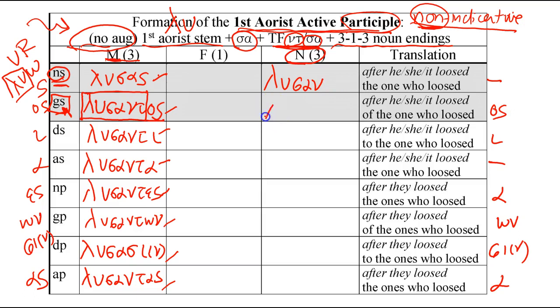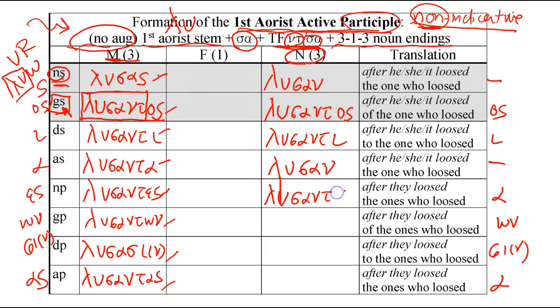And then for the genitive singular neuter form, you have no augment, the verbal root, the sa tense formative, the nu tau participle, and then you add os for the genitive, so lusantos. The dative is lusanti. The accusative form is the same as the nominative. It's lusan. The plural is lusanta. There we have the alpha.